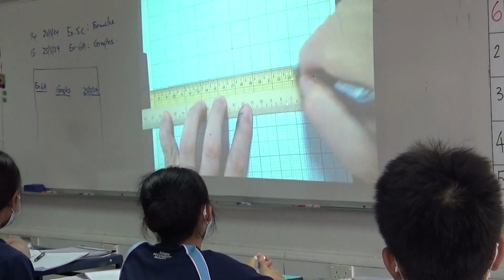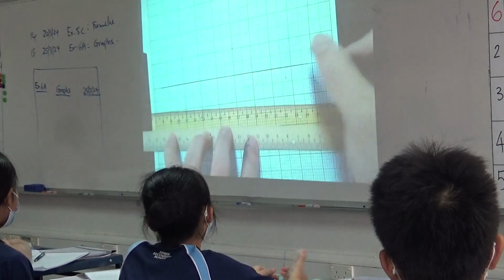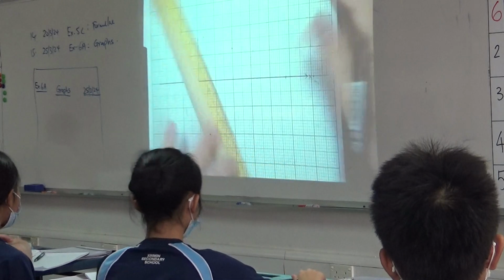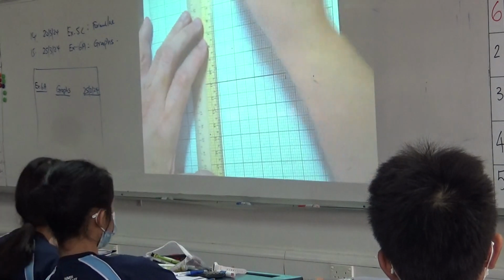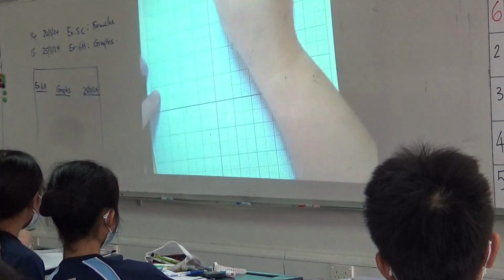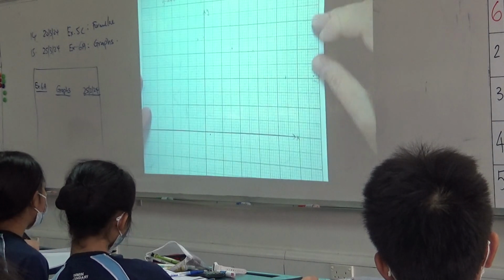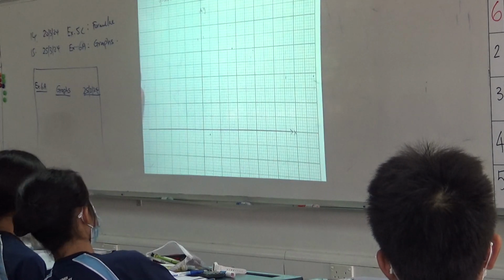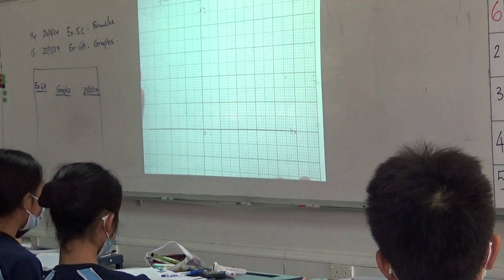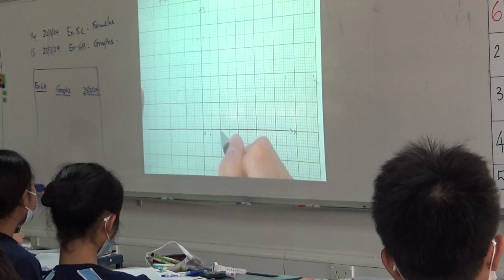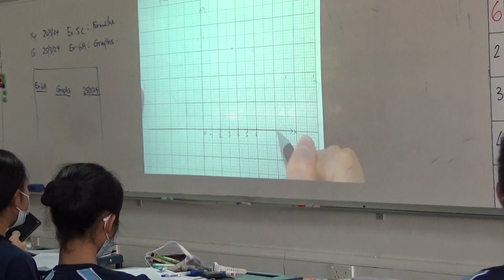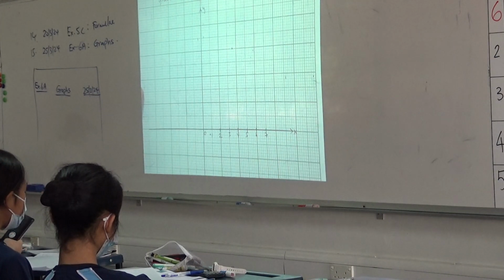Now, you draw a straight line. The arrowhead is only at one side. Understand? Okay? Don't draw first. Then you draw a vertical line. The arrowhead is only at one side. Can you see it now? Now, because it's 1 cm for 1 unit, you put a 0 here. Then you put 1, 2, 3, 4, 5, 6, and 7.